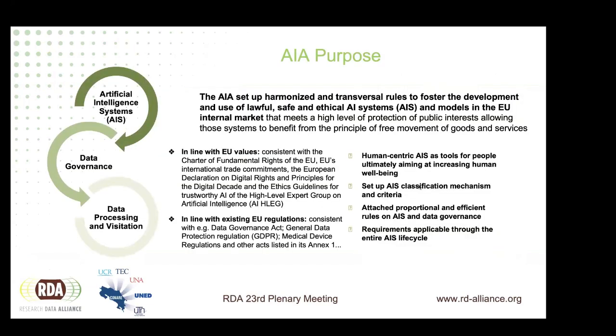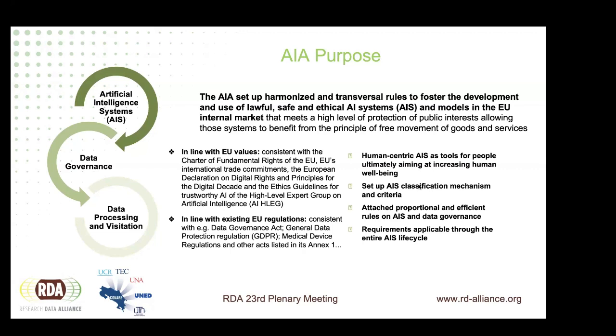So first, the AI Act sets up harmonized and transversal rules for ensuring that only lawful, safe, and ethical AI systems enter the European market. Data visitation is not at the heart of this act, but the AI ecosystem is at the heart of this regulation. It fixes rules that are consistent with the EU values, in particular with the Charter of Fundamental Rights in the European Union and the guidelines for trustworthy artificial intelligence.